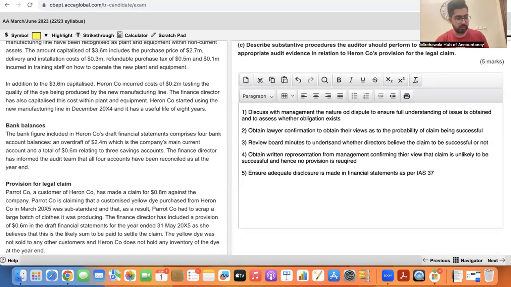Now we just need to link it to the scenario. Okay. So discuss with management the nature of the dispute to ensure full understanding of issues obtained and to assess whether obligation exists. They have written an obligation of 0.6 million. Okay, whether obligation exists.